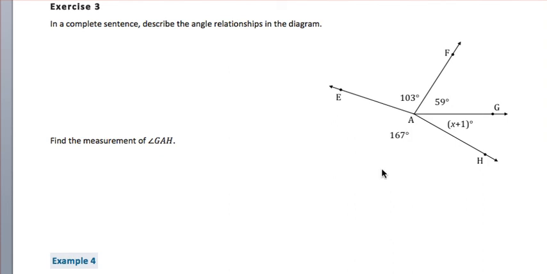Exercise 3, the angle relationships in the diagram. Well, we don't have any straight lines. We do have a circular relationship. So that is going to be our choice.